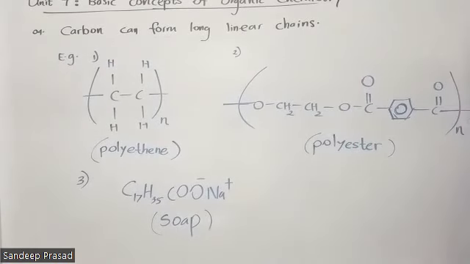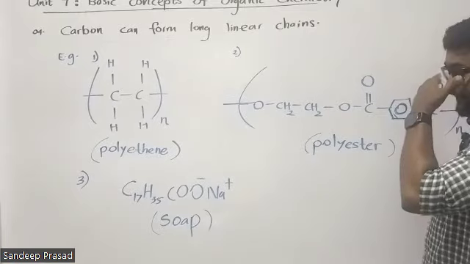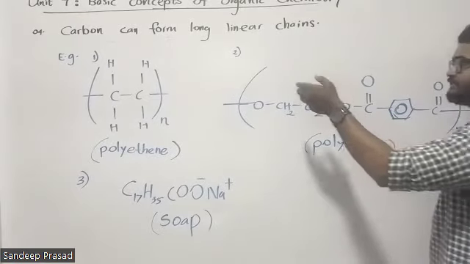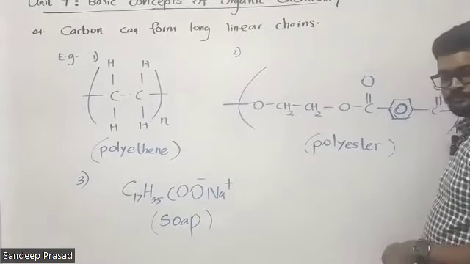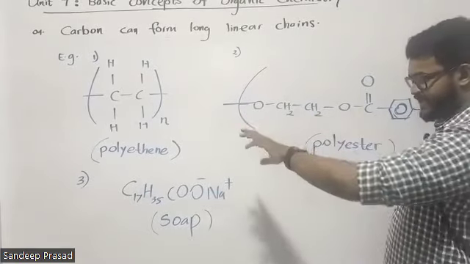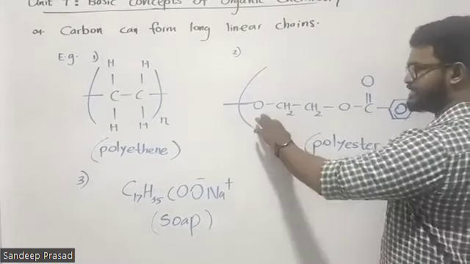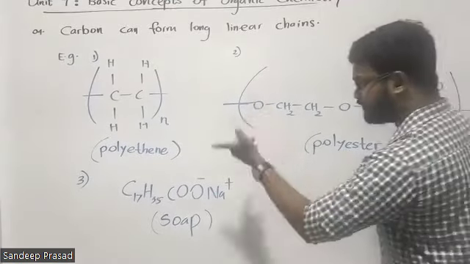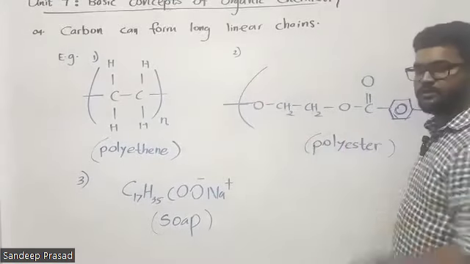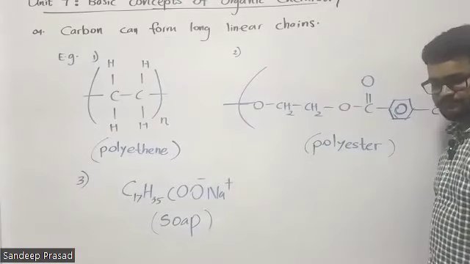Right. Students, in the fourth reason, we discussed long linear chains. These are open chains, which means you can see the starting and the end. But remember, some ring type closed chains are also there.